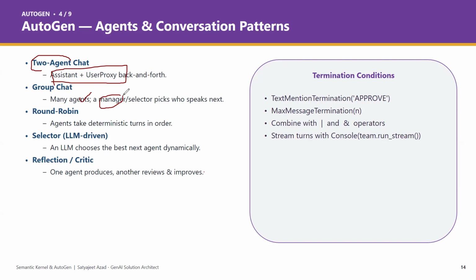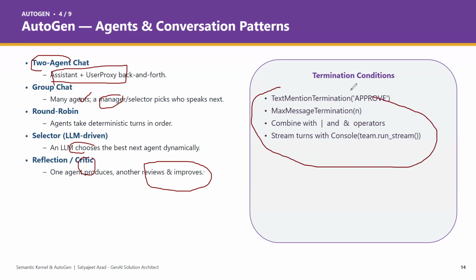The selector is for when you need a human-like response, and there is also a critic agent, which will review and improve it. So these are some of the patterns that we typically follow, and human in the loop comes in due to these conditions you typically see, right?